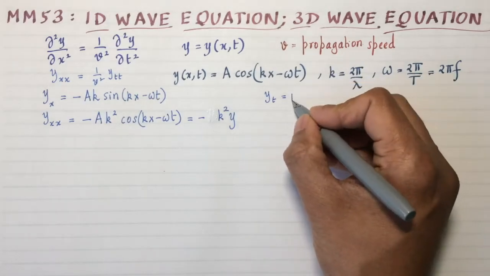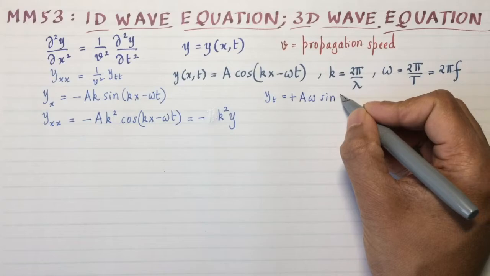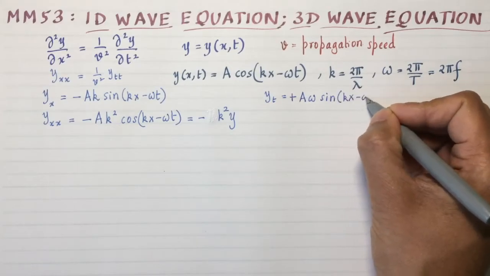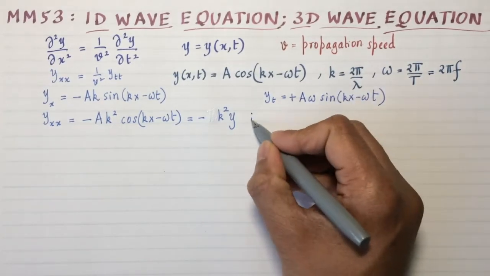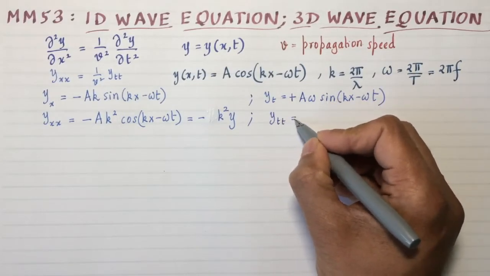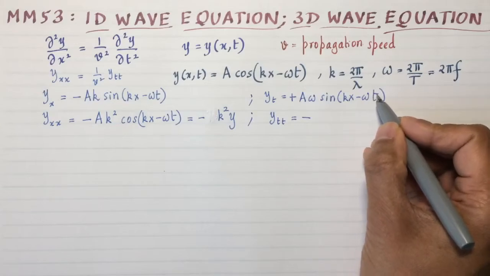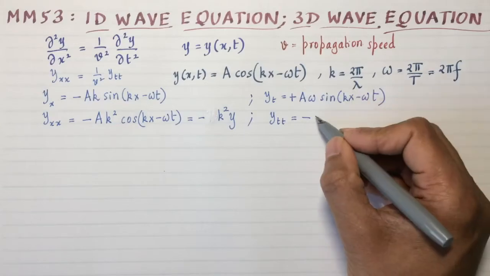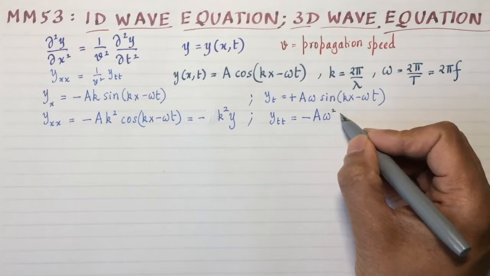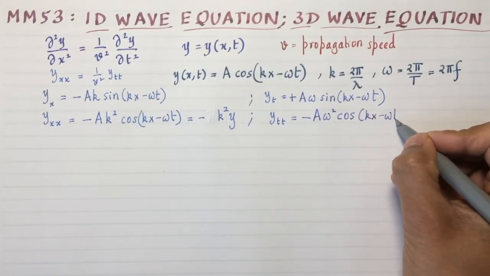So that's going to be plus a omega sine kx minus omega t. And when I take a second derivative, so I'll put semicolons here to separate the two calculations, ytt, this time I'm going to get a negative sign because when I take the derivative with respect to t, that pulls out a minus omega. So minus a omega squared cosine kx minus omega t.